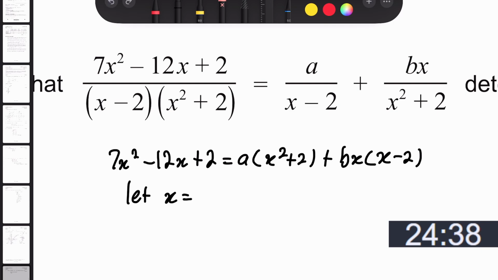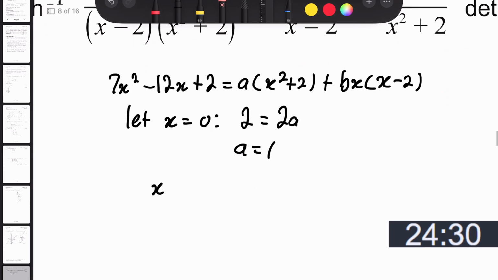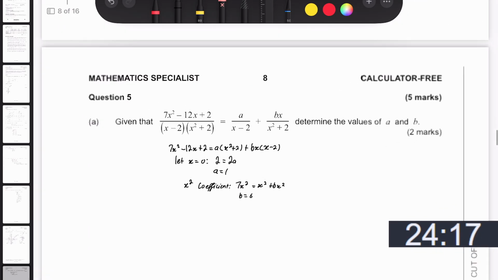Then what we're going to get is 2 is going to equal 2a, and the b is going to disappear, so a is going to equal 1. And then we'll look at the x squared coefficient. We have that 7x squared is going to equal x squared plus bx squared, so then b is going to equal 6.